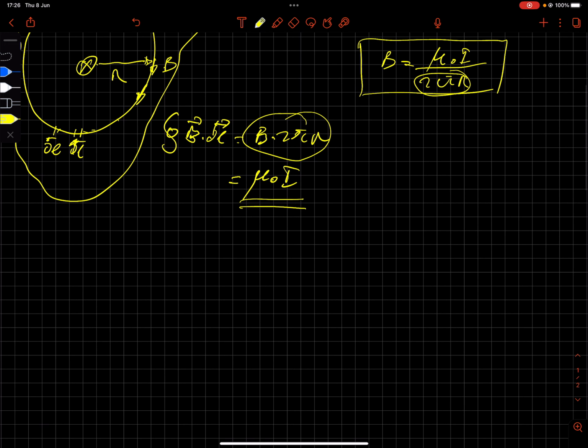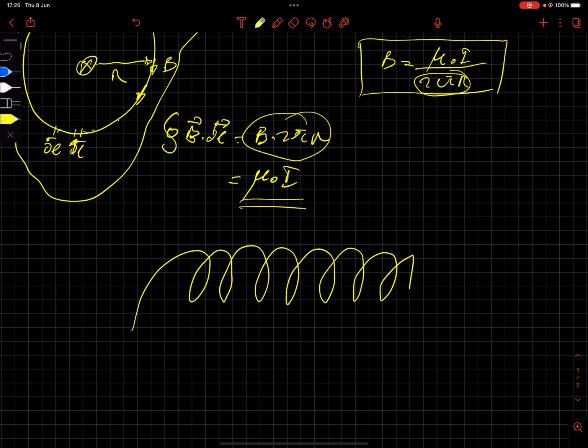Let's say that we have some solenoid like this, and let's say that we have a current like this, and the magnetic field will point in this direction.